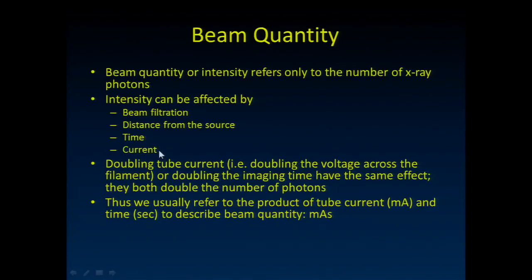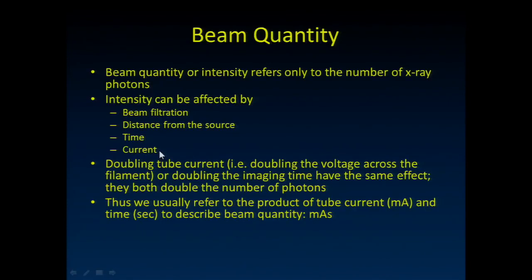And the current. If you change the current that you apply to the X-ray tube, which is the number of electrons that are being boiled off the filament, right? So if we increase the small voltage across the filament so that it heats up more and more electrons get boiled off of it, keeping the really high voltage across it the same, now more electrons are flying across.